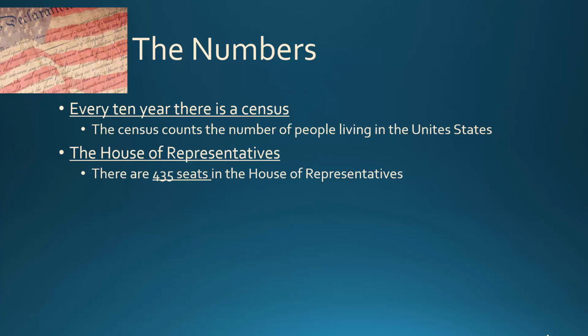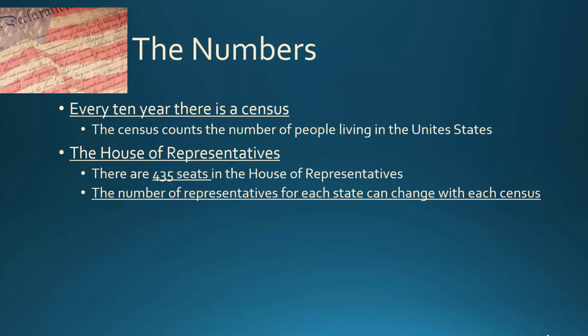To figure out how many people are represented by one member, they take the total population and divide it by the 435 seats in the House of Representatives, and that determines how many people one seat in the House of Representatives is worth.